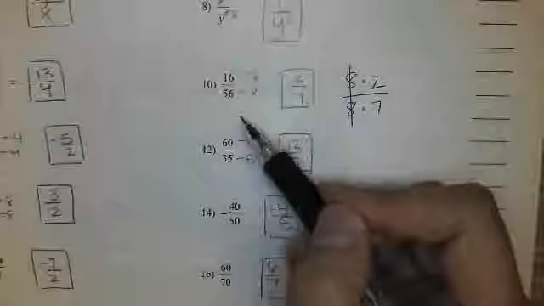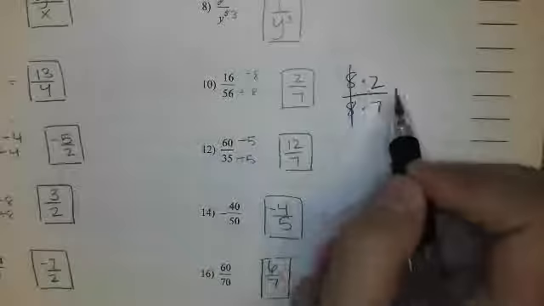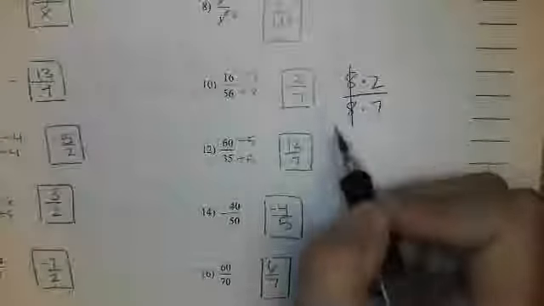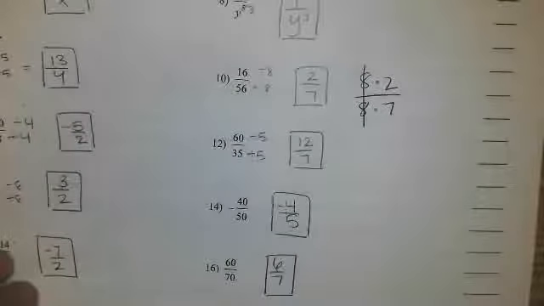Or if we look at number 10, originally 16 over 56, you could think of that as 8 times 2 and 8 times 7, and the 8 on the top and the bottom would cancel. So whenever we simplify fractions, we're basically just canceling something on the top with something on the bottom. We're going to remember that for when we do more difficult problems.